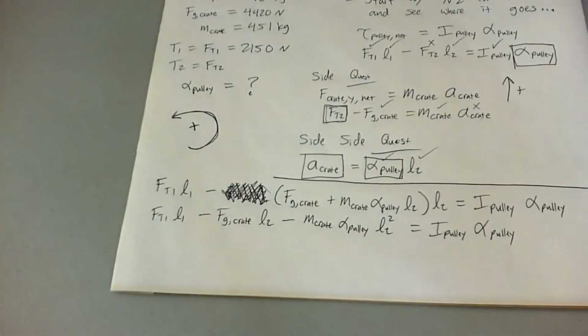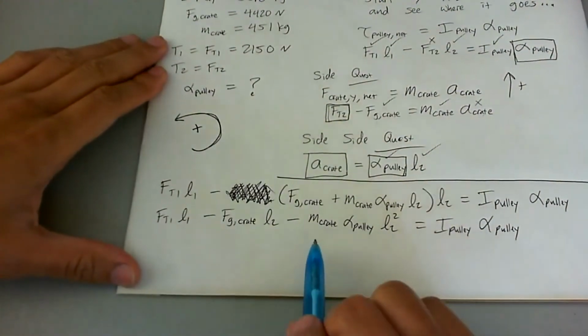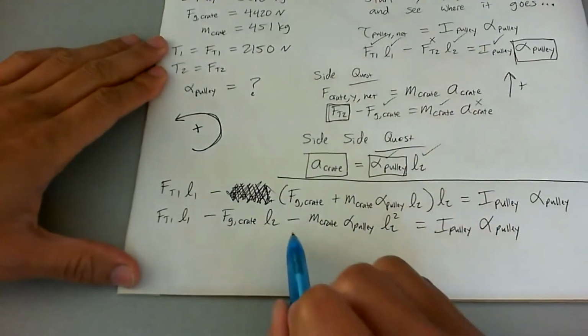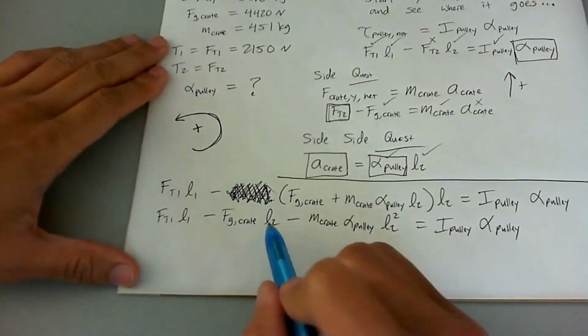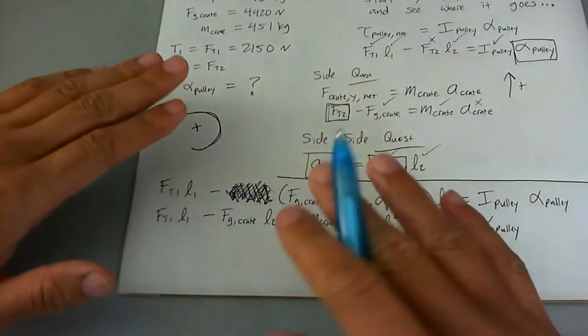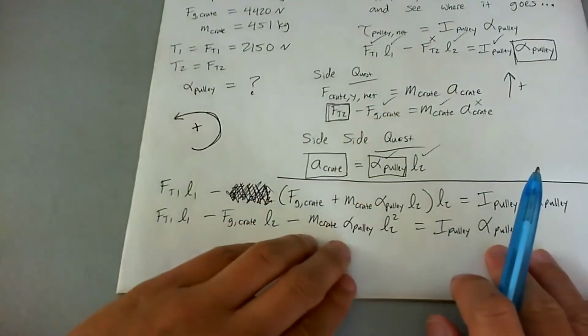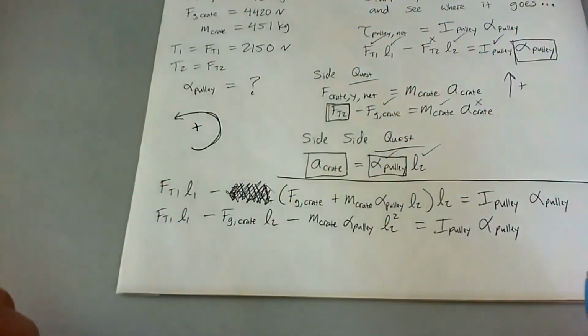Next step is to get all our pulley terms in a line. That would mean that I'm going to put this pulley term on this side and have this be on the left side. Then I'm just going to flip it so I can have my pulley parameters on the left, just because I'm more comfortable seeing it that way.